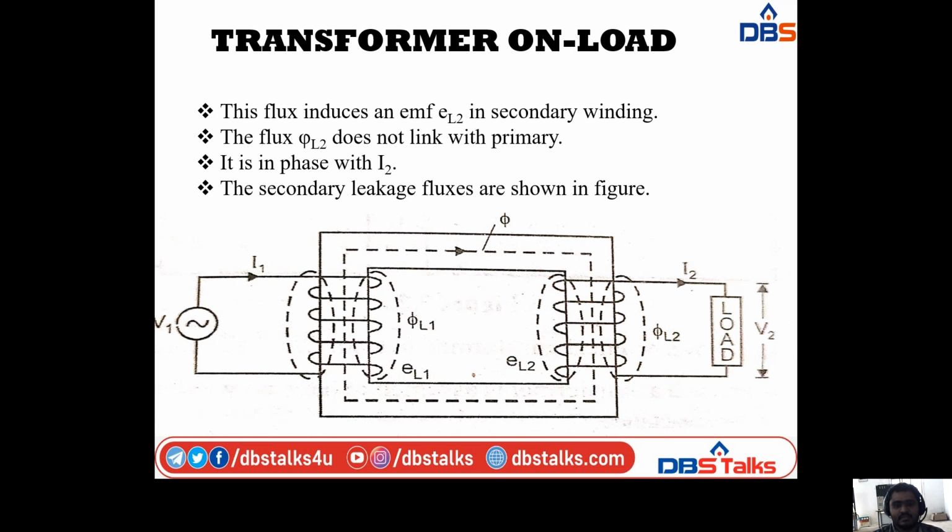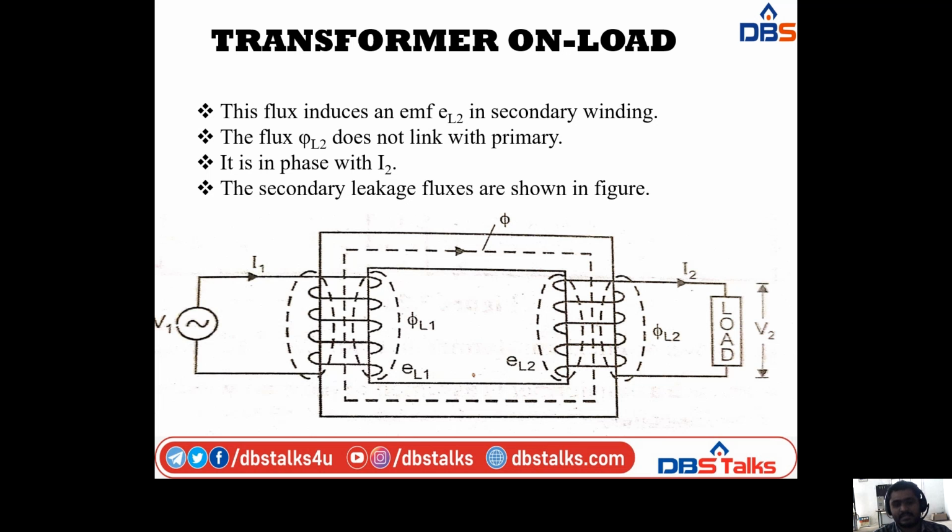The secondary leakage fluxes are shown here. This is the diagrammatic representation of this explanation. Here we are considering a transformer which consists of a magnetic core and the windings, primary and secondary. Some flux does not link with the primary, and that is called phi L1.